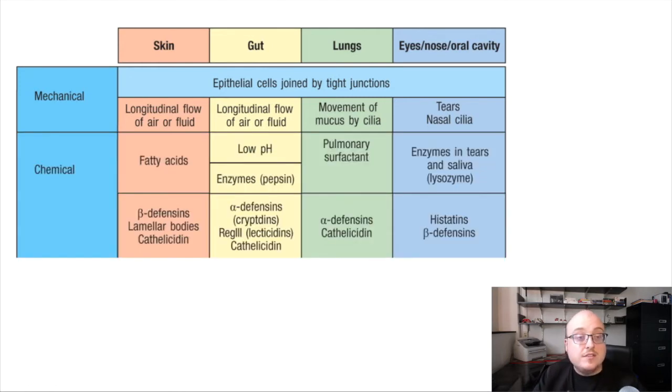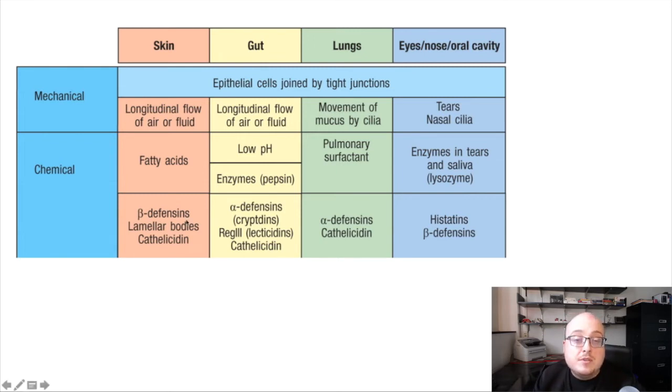However, these tissues all have chemical features, some that are generic and some that are specific. I mentioned low pH before. The lungs are coated with surfactants, which prevent things from sticking very effectively. Tears, in addition to just washing our eyes, have enzymes in them that break down microbes. And more broadly than that, our bodies are constantly secreting classes of molecules that have broad spectrum antimicrobial activity.